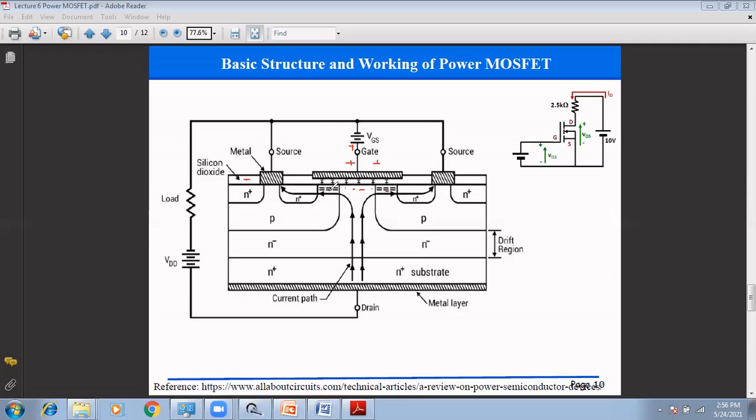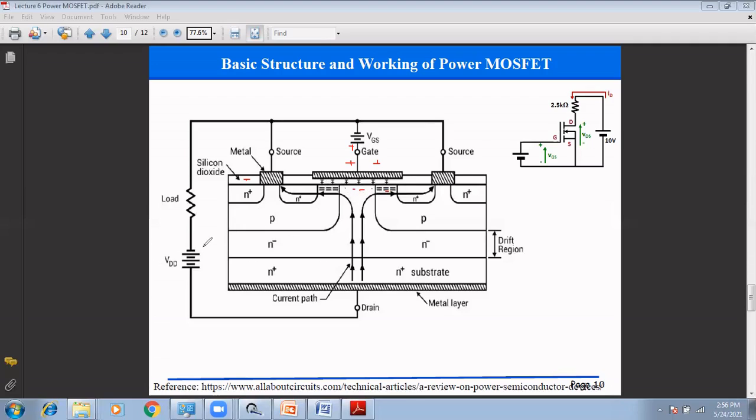The inversion layer is created when the number of mobile electrons, or mobile charges, is equal to the concentration of the holes in the P type. So there is a creation of the inversion layer of the opposite carriers, the electrons, or the minority charge carriers.